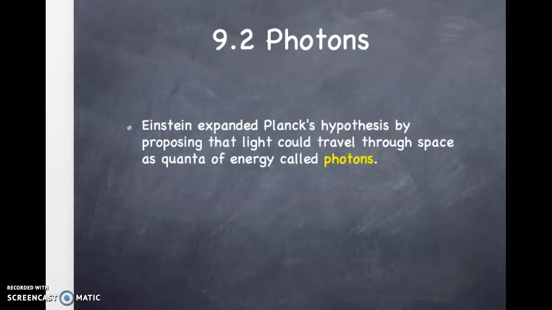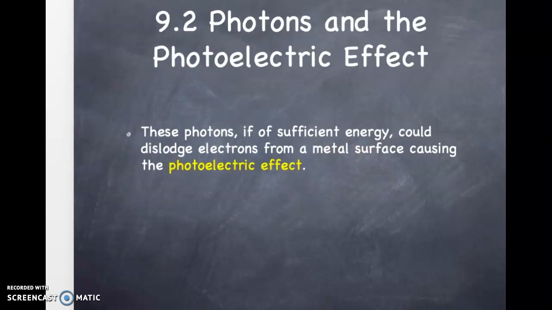Now the word photons. Einstein explained Planck's hypothesis by proposing that light could travel through space as quanta of energy called photons. These photons, if of sufficient energy, could dislodge electrons from a metal surface, causing the photoelectric effect.